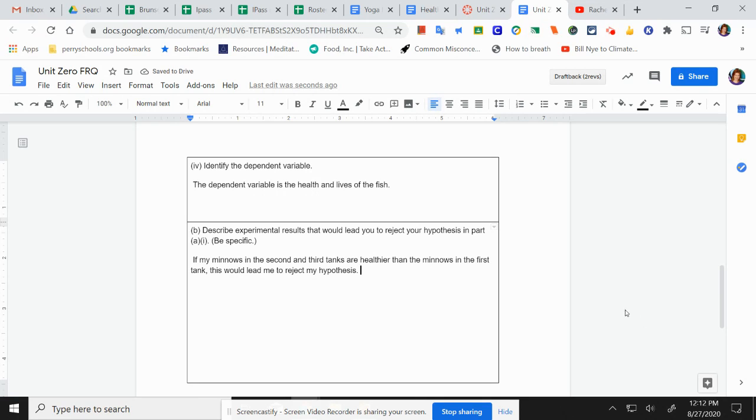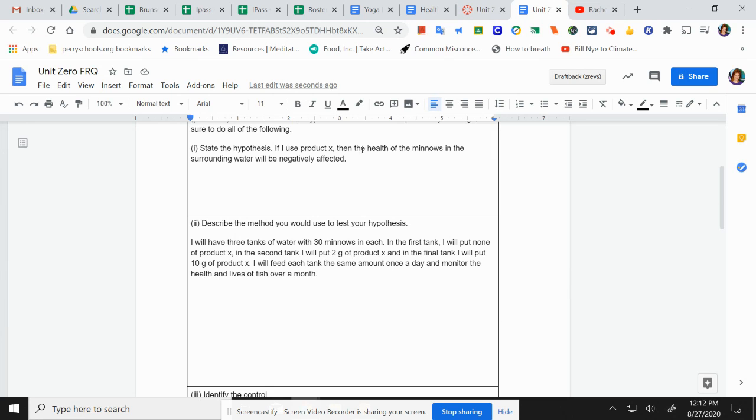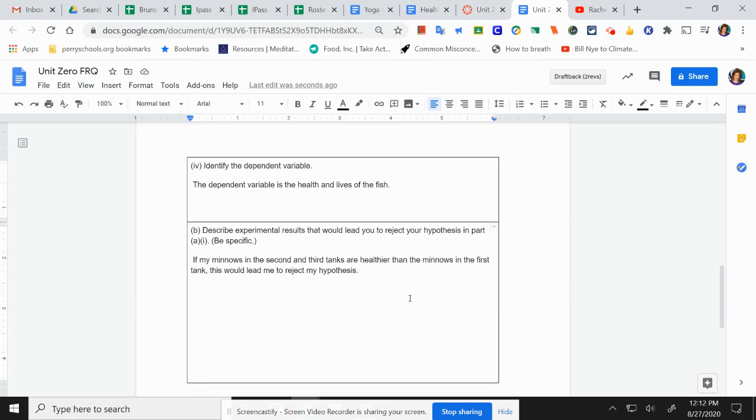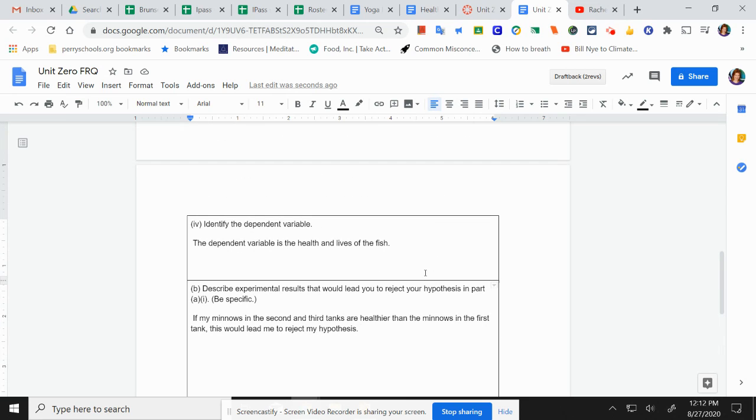And this was only part of an FRQ, so the second part goes into more details, but this is literally all you need to do. So nice, simple, quick sentences, as long as you're actually answering what is being asked. So I said product X is going to make them less healthy. If they are healthier than the control, this would lead me to reject it. And that's all you need to do.